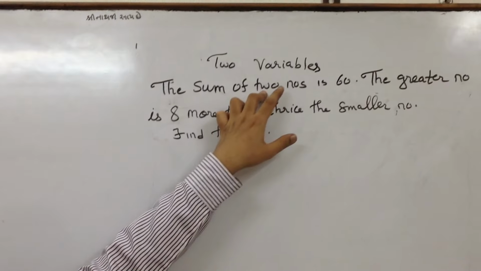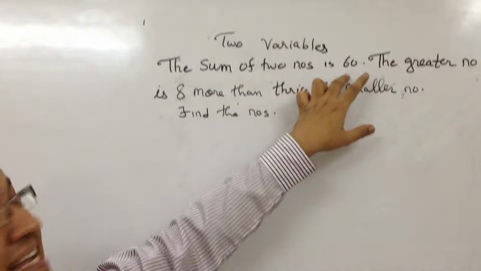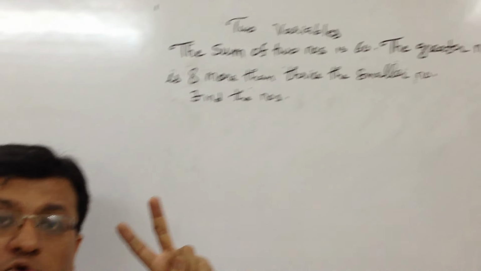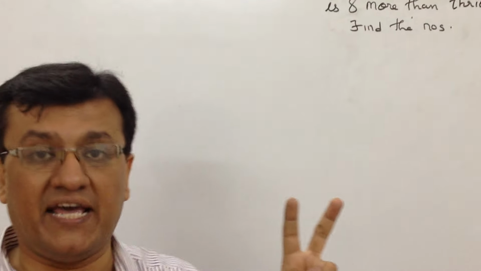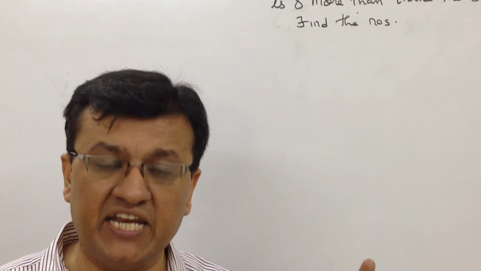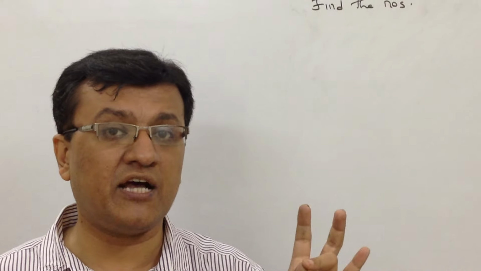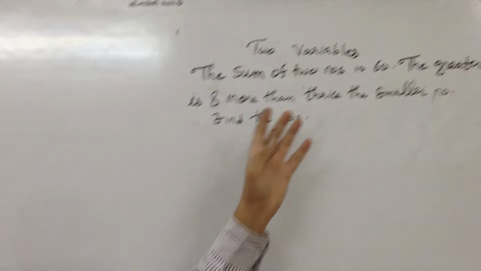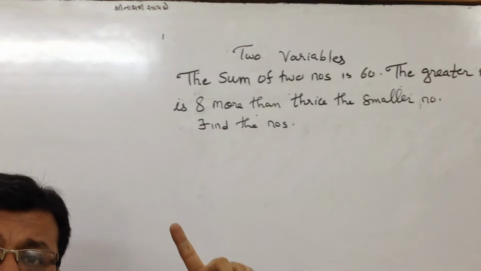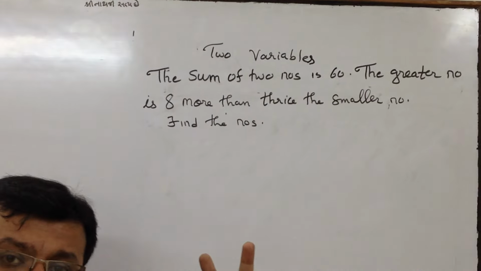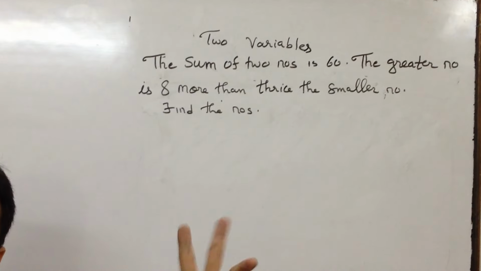Now at least we got to know that there are two numbers whose sum is 60. So the variables which we can initialize are going to be x and y. From the sum itself, it is very clear that one has to be a greater number, another has to be a smaller number, and both the variables are going to be x and y.